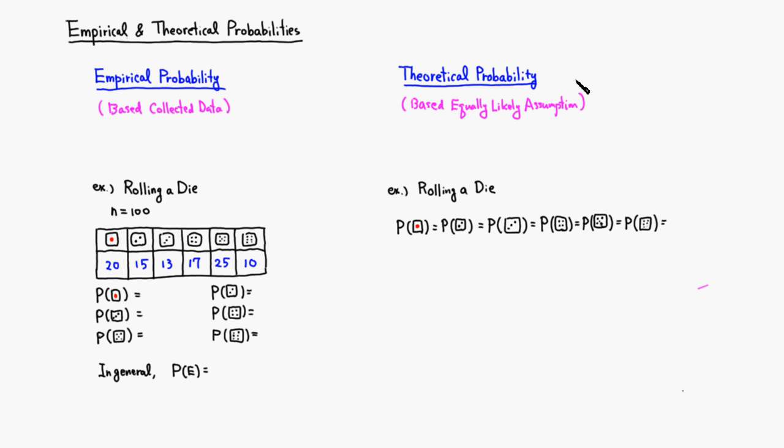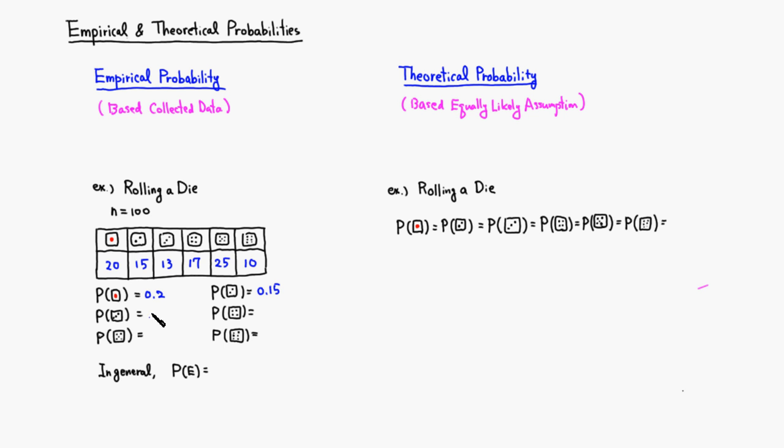Based on the collected data, we can assign probability. 20 out of 100, so the probability of getting a 1 is 20 over 100. And if you want decimal numbers, we can do that too. So 0.2. Getting a 2 would be 0.15.